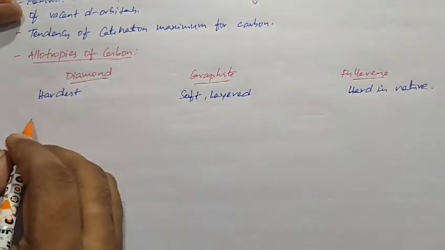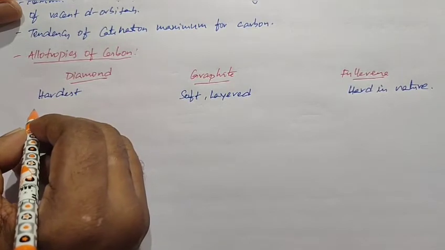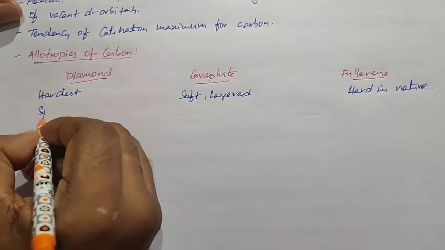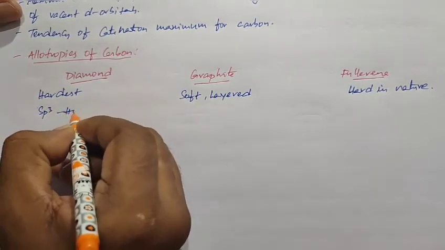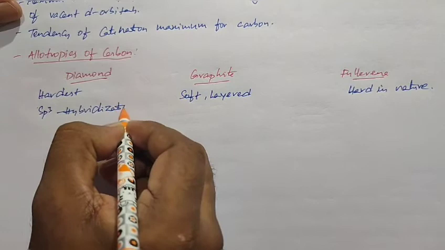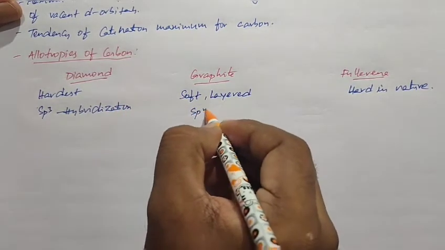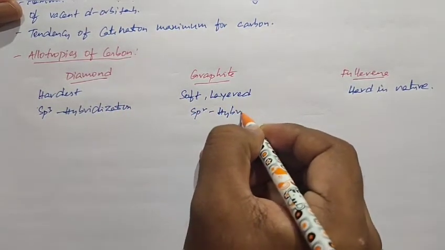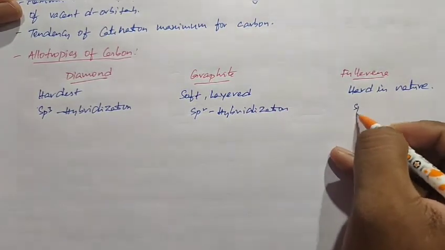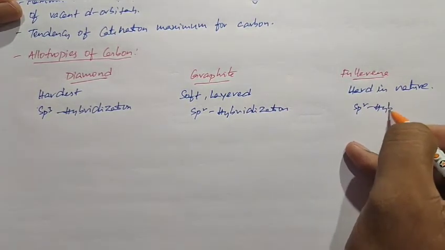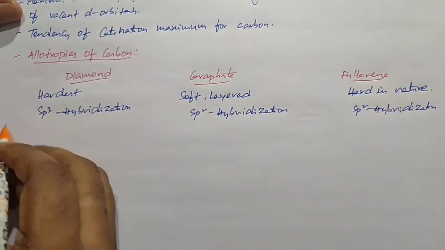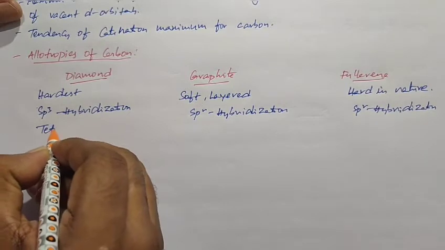In diamond, the carbon undergoes sp3 hybridization. In graphite, sp2 hybridization. In fullerene also sp2 hybridization.